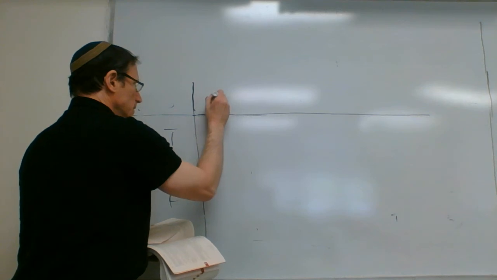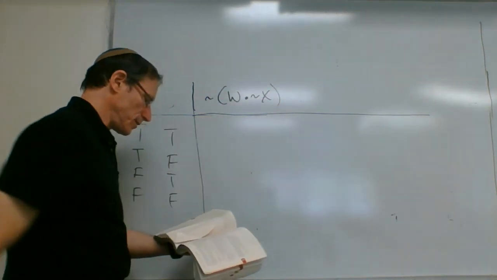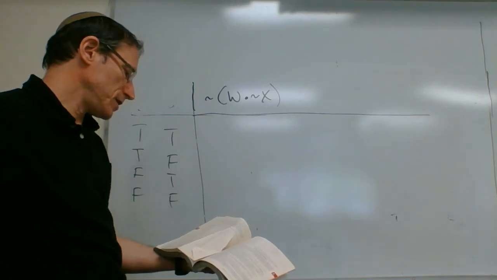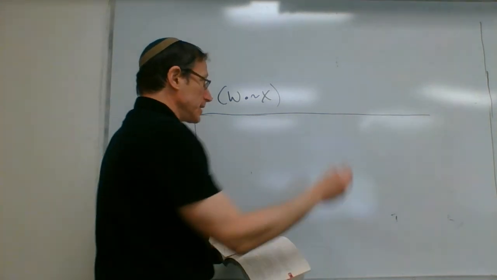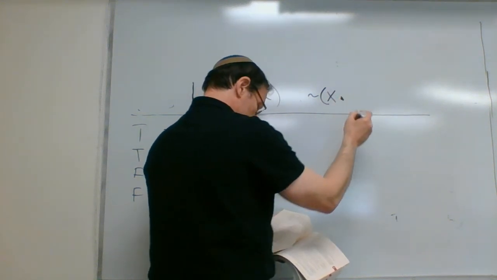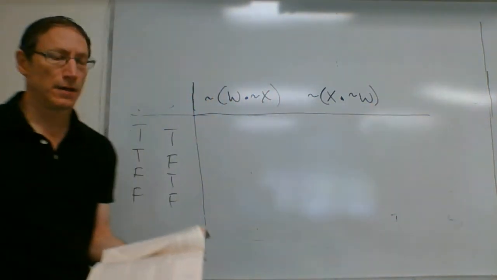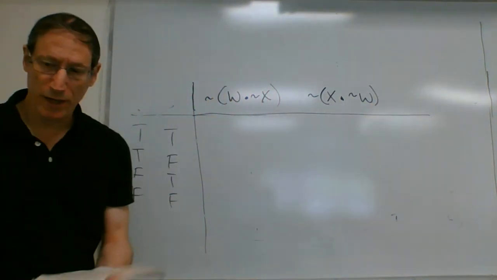Not w dot not x. That's number 7. Not w and not x. Then we have not x and not w. And the conclusion is x wedge w.